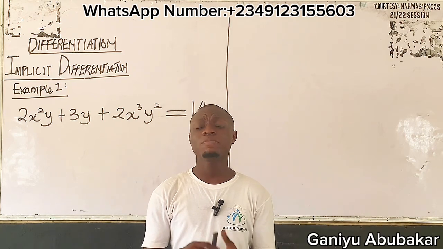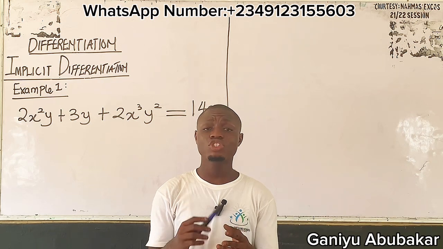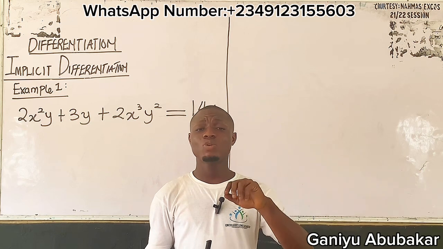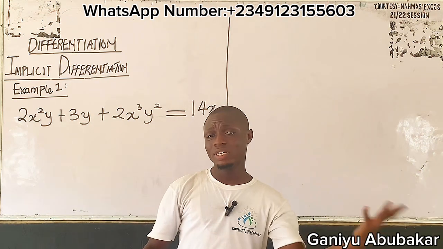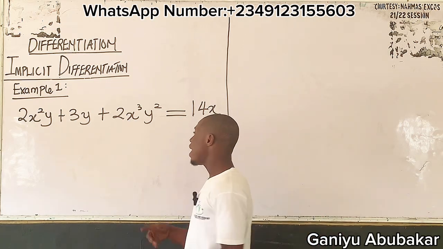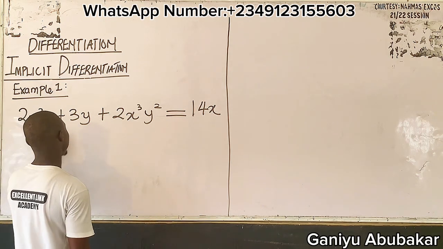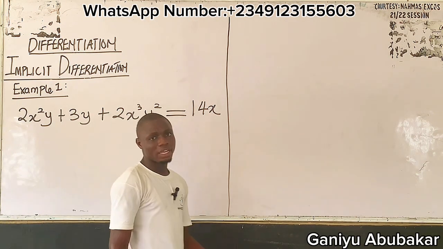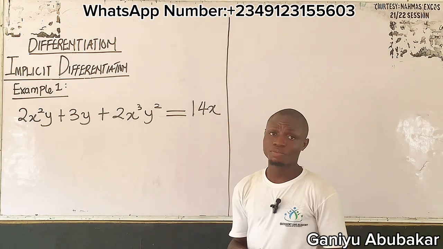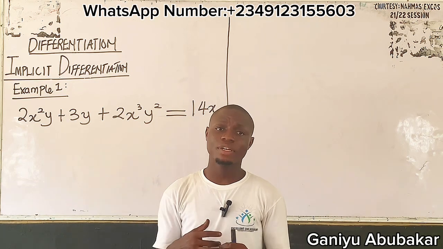If you observe the general methods, first principle, chain rule, product rule, quotient rule, they will say y is equal to something in x. In this case, there's nothing like y equal to something here. x and y are placed together simultaneously, as you can see. So I'll teach you how to find dy over dx here.